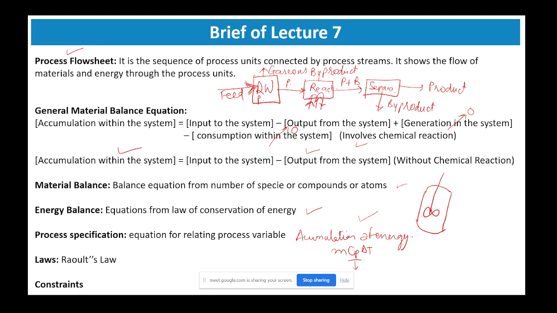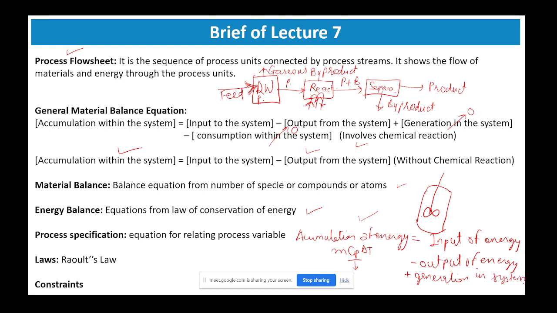Okay, now accumulation of energy equals input of energy in any form minus output of energy plus the generation of energy. Now how can energy be generated in the system?